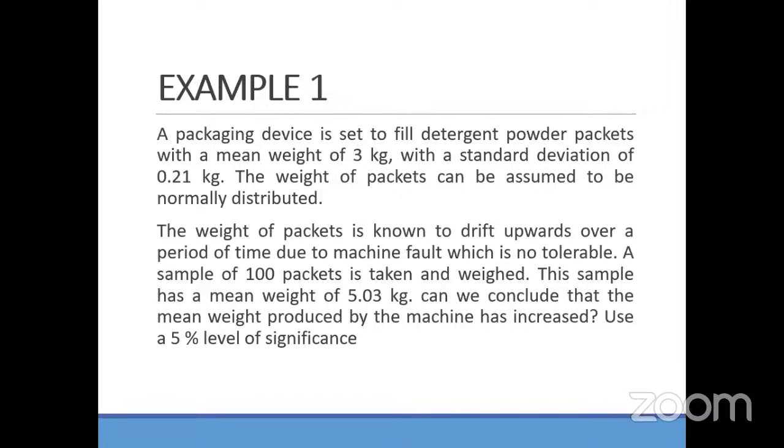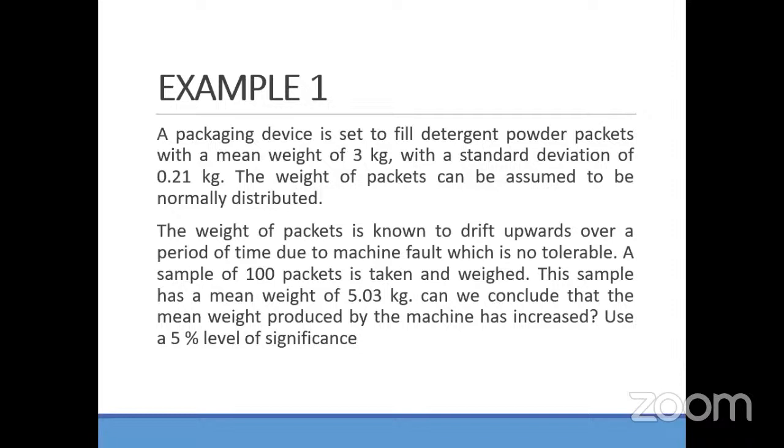That means you have an idea that the machine is faulty and it is going to increase the mean weight, right? Suppose initially the weight of the packets was close to 3, so it is increasing. It is going to 3.1, 3.2, 3.3, and so on. A sample of 100 packets is taken and weighed.